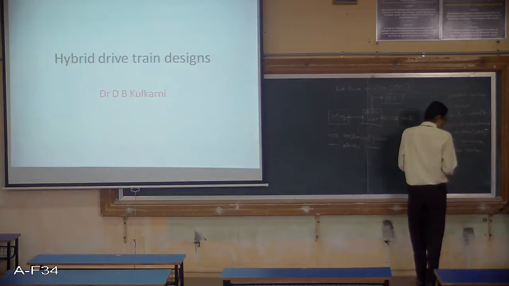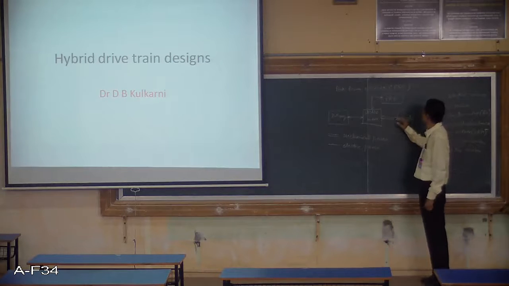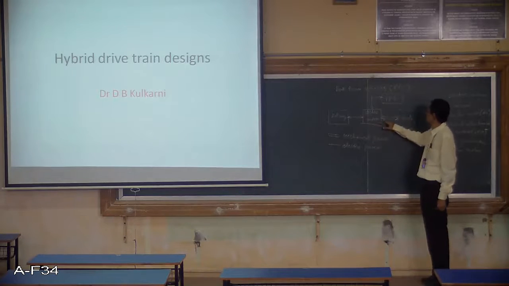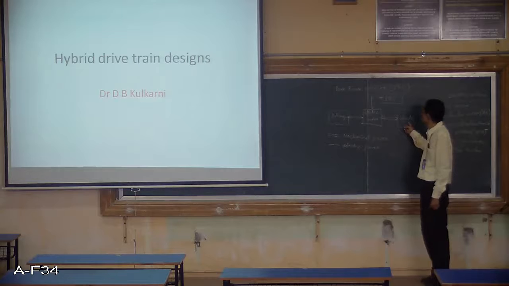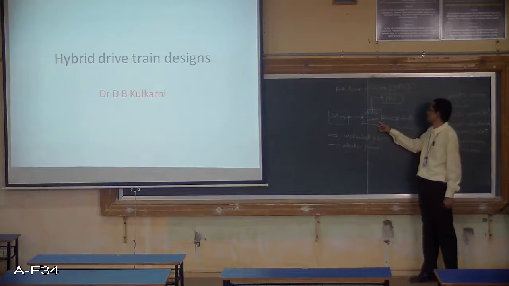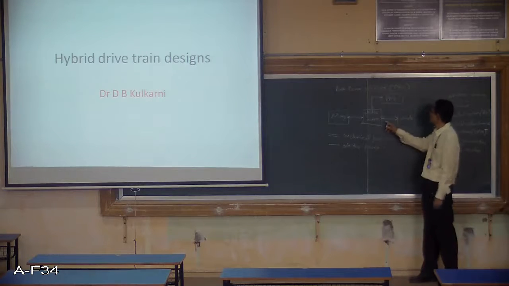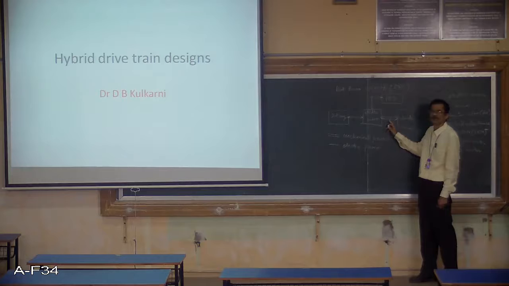Here the wheels are connected to the electric motor mechanically. This is a mechanical power flow, so it can flow from the electric motor to the wheels. When the wheels are to be driven by the electric motor, the electric motor will supply mechanical power to the wheels, so the power flow is from left to right.